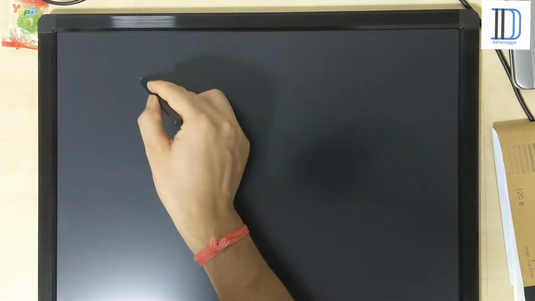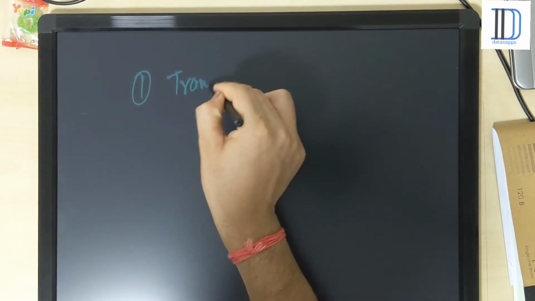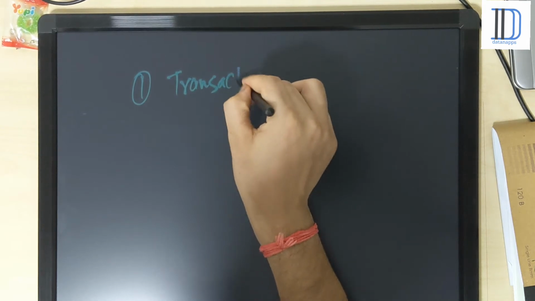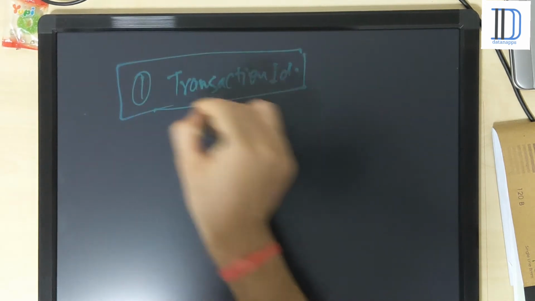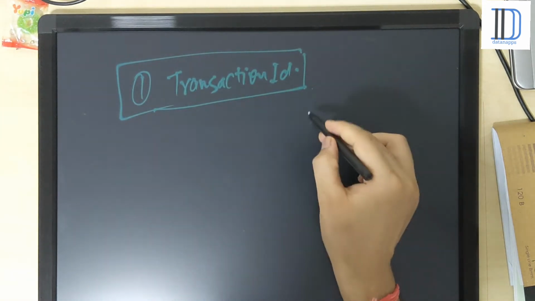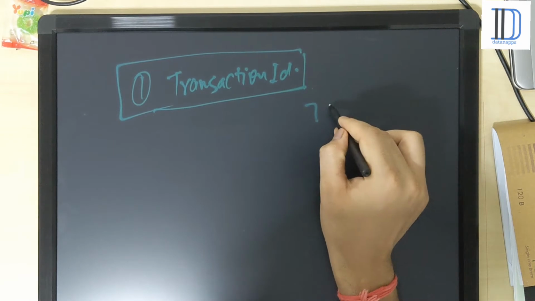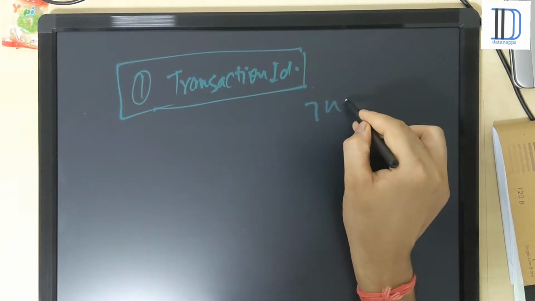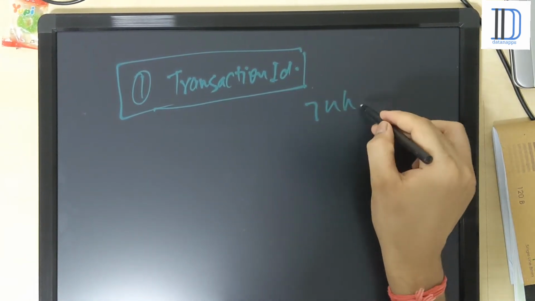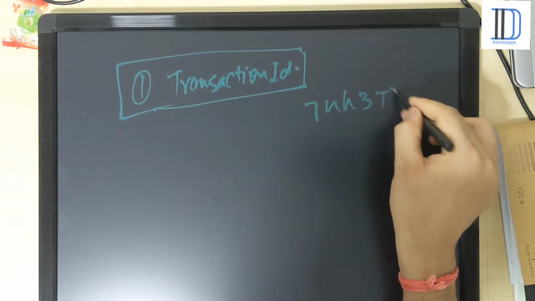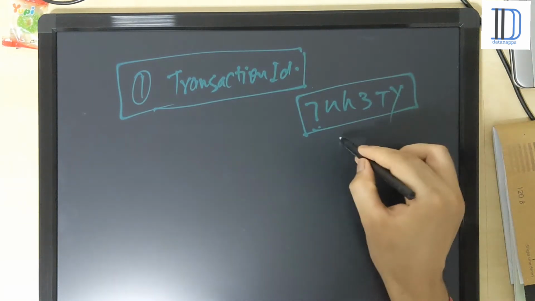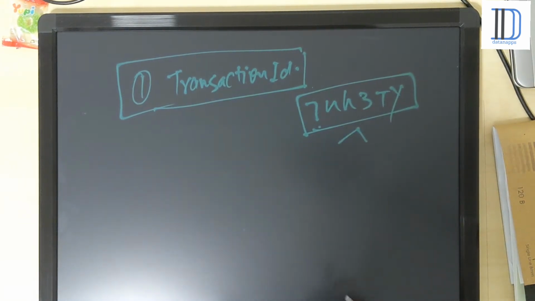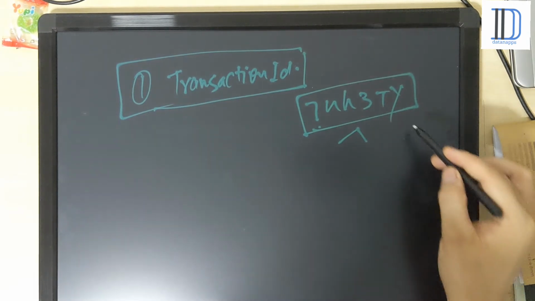Firstly, we will need the transaction ID, and this transaction ID is something like 7H and H3TY kinds of. It looks like this, this kind of transaction ID you can get over there.